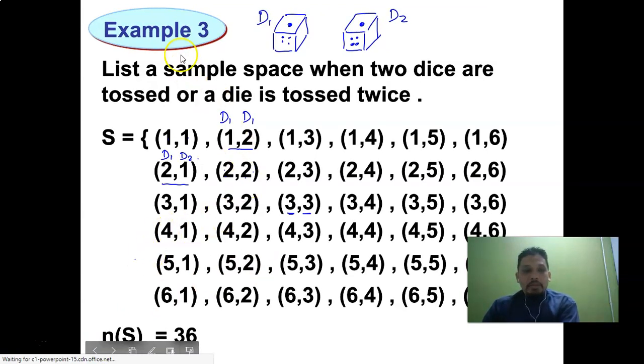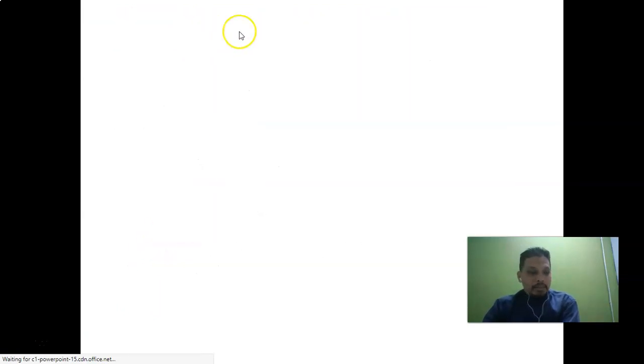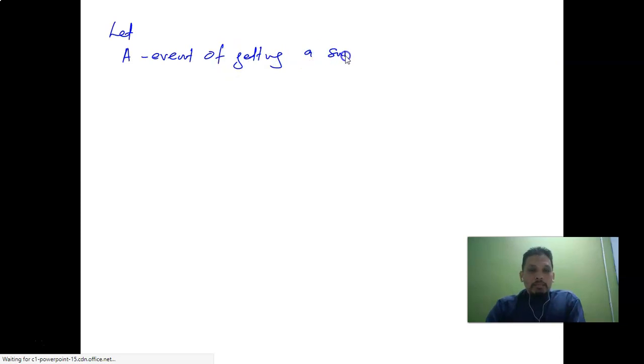For example 3 here, let A be the event of getting a sum of 2 numbers equal to 6.